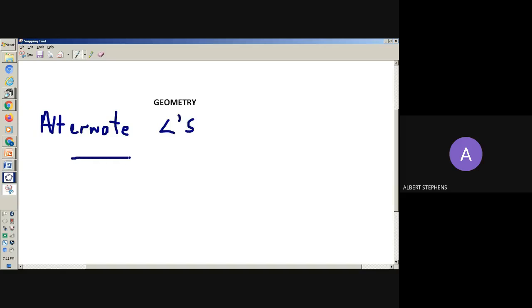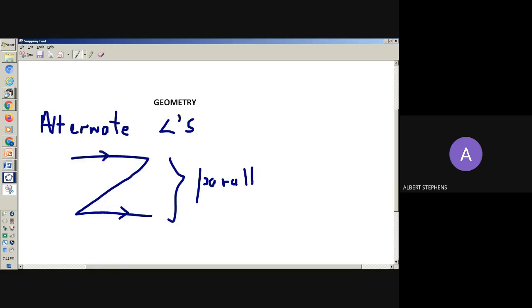All right, so anything that looks like a Z. These two arrows are saying that these two lines are what? Parallel. So when you have something that looks like a Z, with two lines that have two arrows, it means that these two angles are equal.